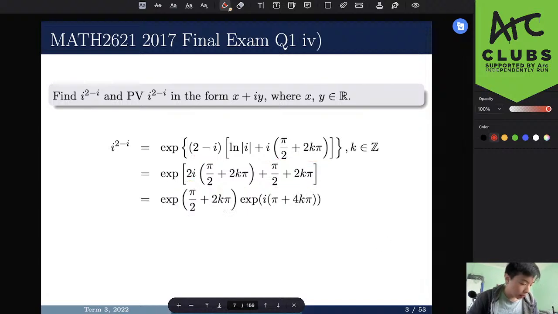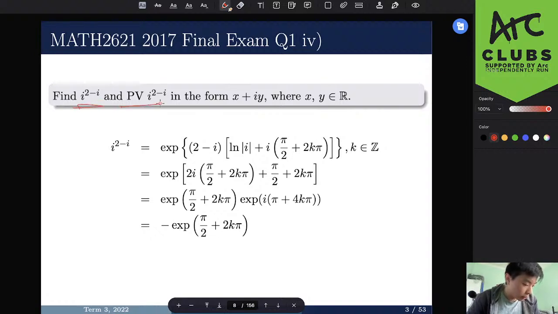And what we would get is the exponential of pi on 2 plus 2k pi, and then we have the exponential of i times pi plus 4k pi, and of course this is actually just equal to -1, so we have the power being equal to minus the exponential of pi on 2 plus 2k pi, and so that's our first part done.